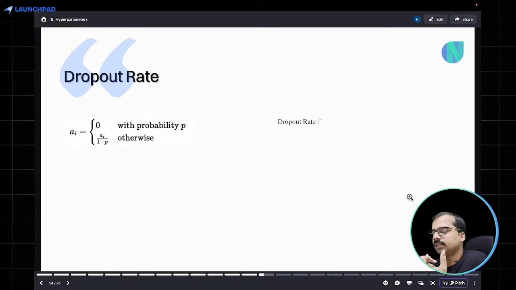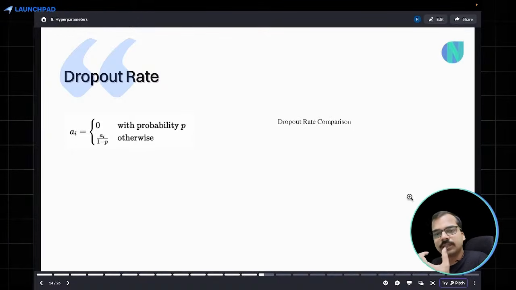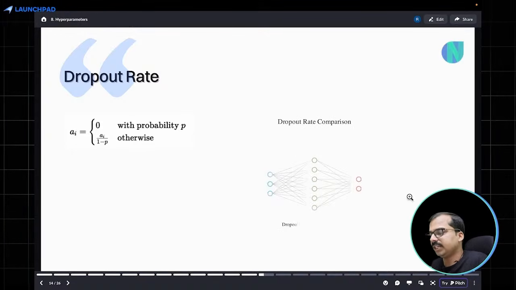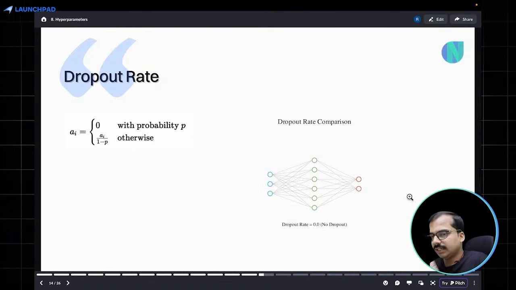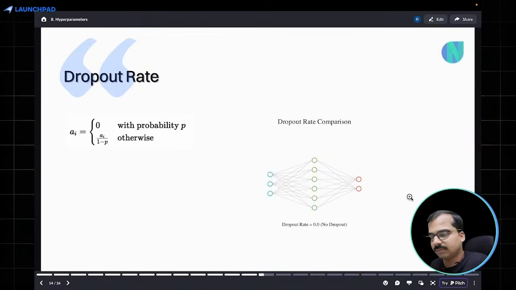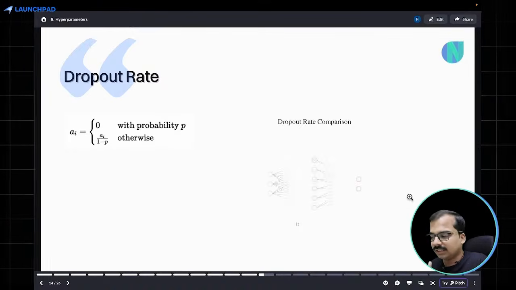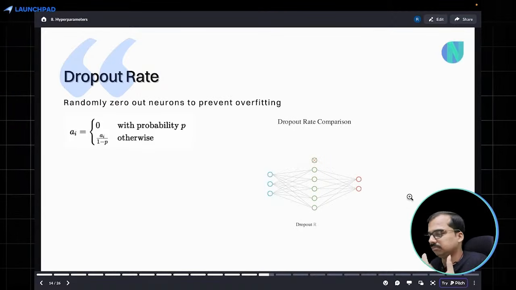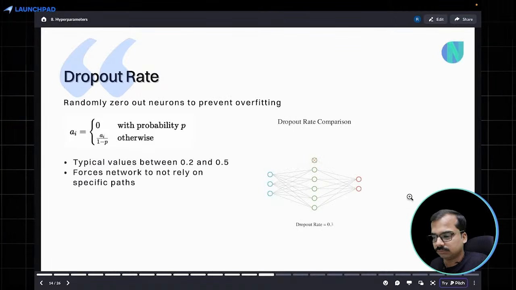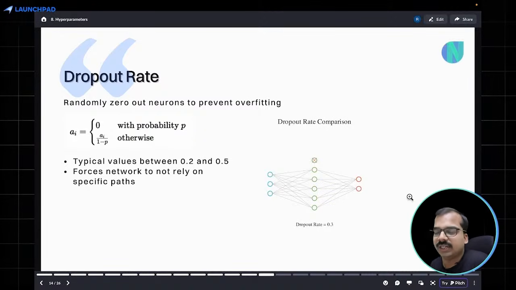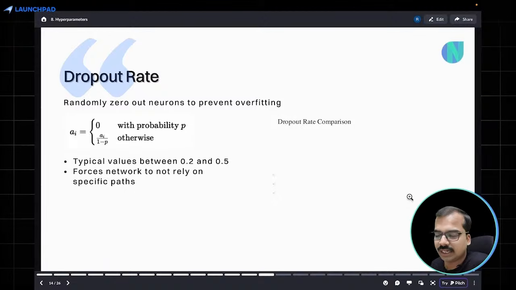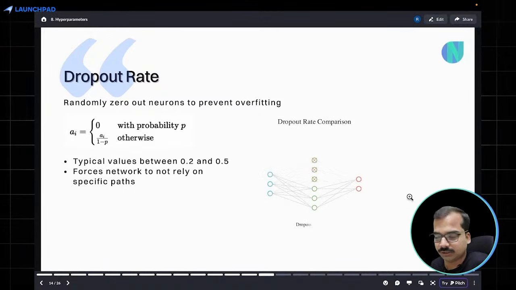This in turn forces the network to learn alternate paths and not be dependent on some particular set of neurons. It helps in better generalization. If your dropout rate is 0, there will be no dropout, and generally dropout rate is between 0.2 to 0.5. It forces the network to not rely on specific paths, and also results in better generalization.